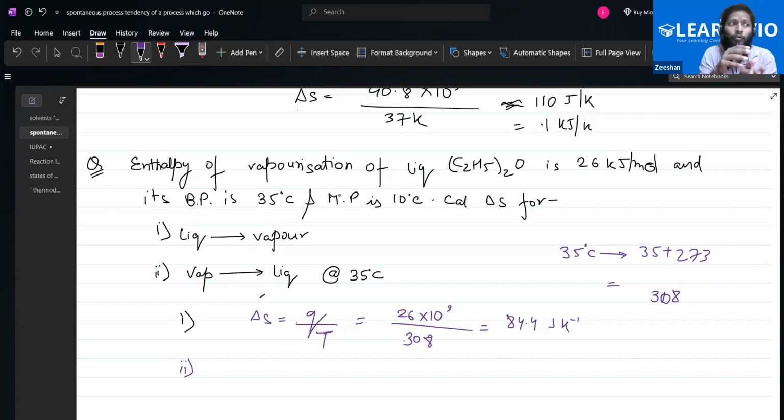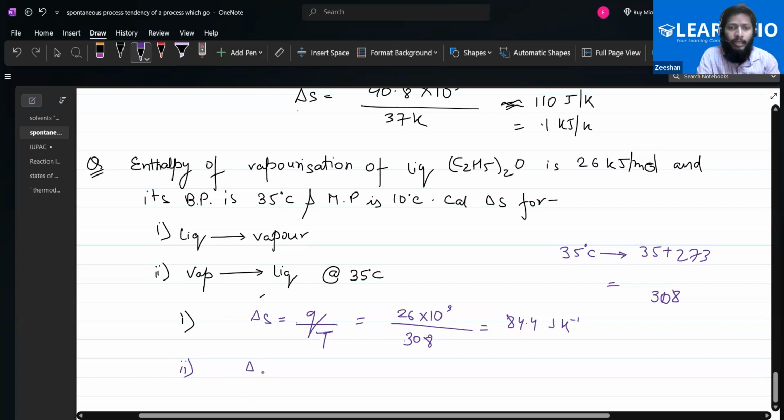Q will be positive only, because in thermodynamics, from the sign convention you may have known from earlier classes, if we are giving heat to the system, then Q is taken as positive, right? So we are giving heat to the liquid, and the liquid is getting evaporated. So Q will be positive, okay?